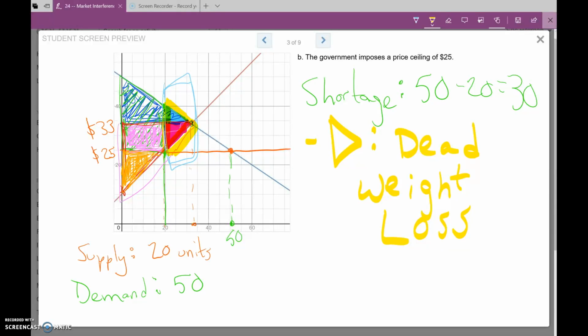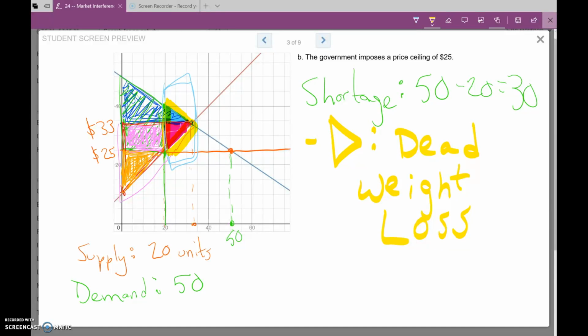For the producer, this is bad. They're at a lower price and a lower quantity. That's not good for them. But more importantly, the economy has lost out on this deadweight loss triangle. So that's a really important thing to notice when we're doing these problems, is to watch out for when we see deadweight loss.